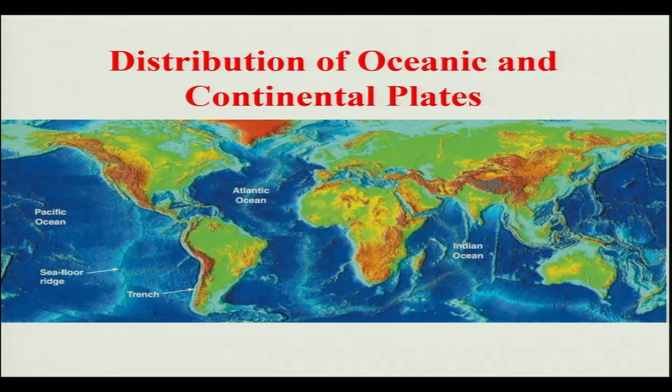Just to give a glimpse of the landscape across the globe, we have different plates here. Those details we will talk about when we discuss the plate tectonics part, but this is the configuration of different plates with respect to one another.